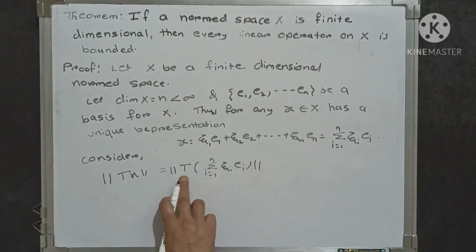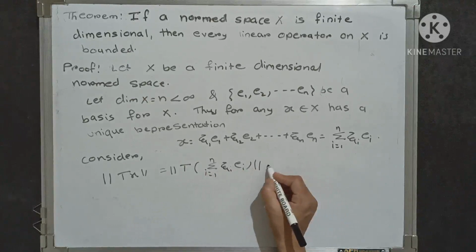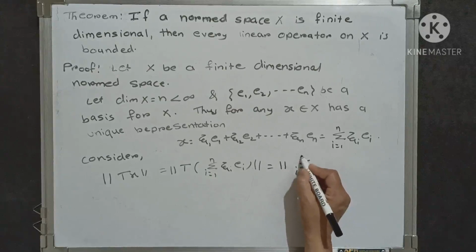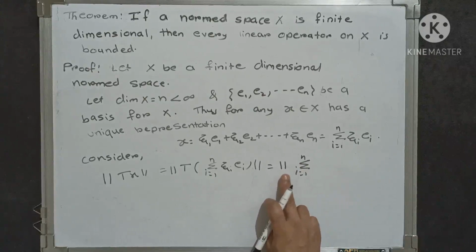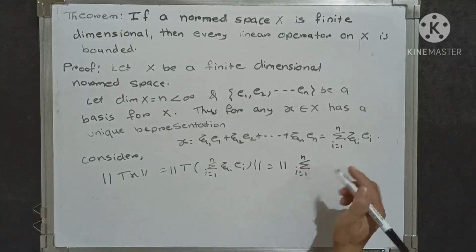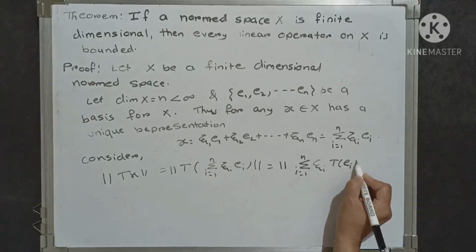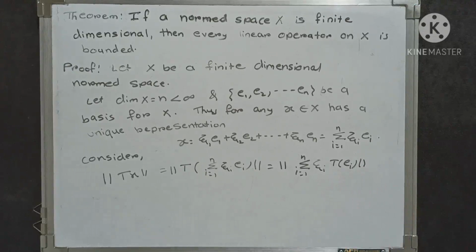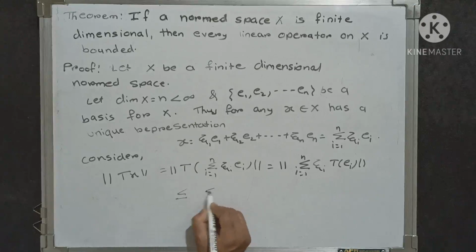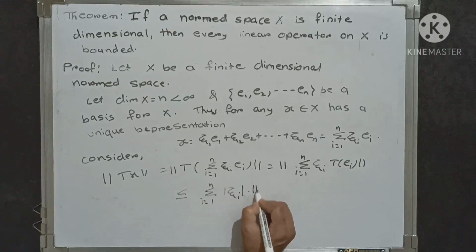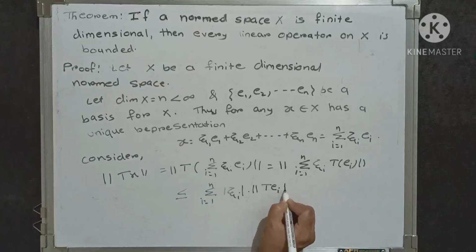As T is a linear operator, it can be written as norm of summation i running from 1 to n of xi i T e i. Now it is less than or equal to summation i from 1 to n of mod of xi i times norm of T e i.